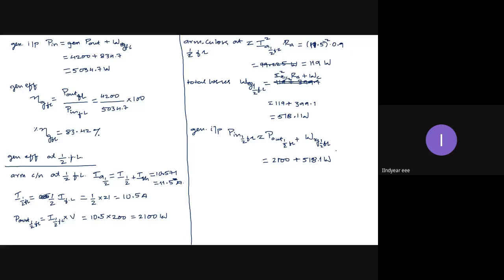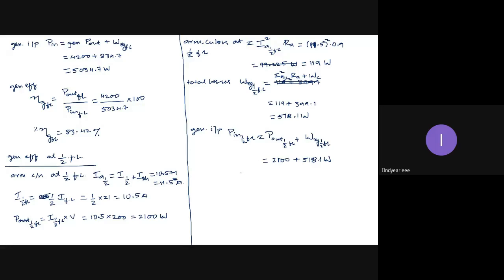Every digit is speaking something. Even when I have halved the output, losses are not halved. 518 is not half the value of 834. As the load decreases, losses become more prominent than output. Output is halved, but losses are more than half because of constant losses.